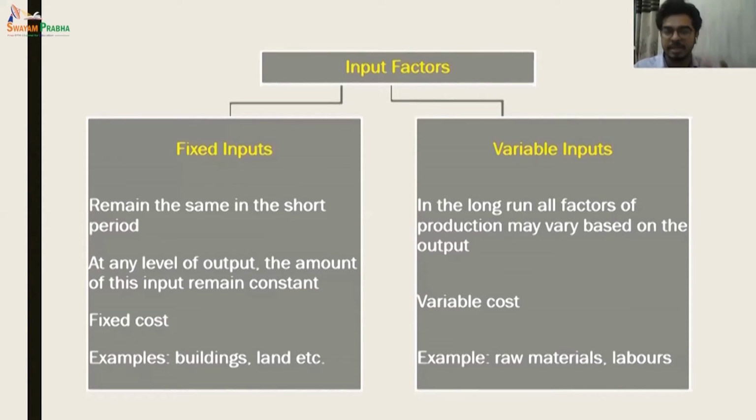In a day you generally prepare 30 plates of biryani. Suddenly one birthday order has come and you want to prepare 60 plates, and you cannot add one extra kitchen. Hence your kitchen is a fixed input. So what you can do, you can probably increase the number of stoves, you can hire two more chefs.